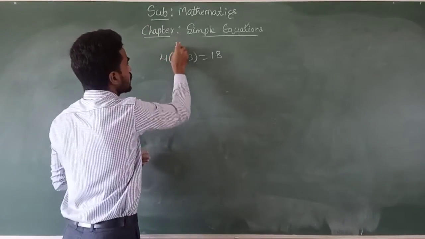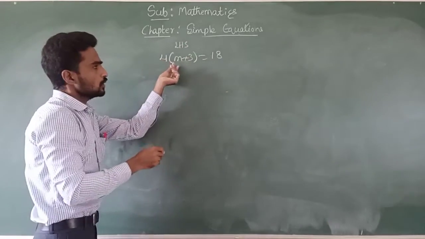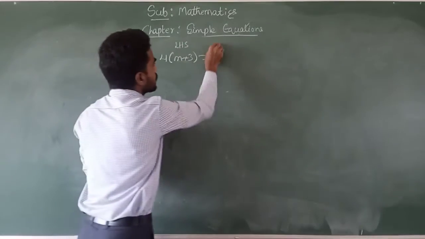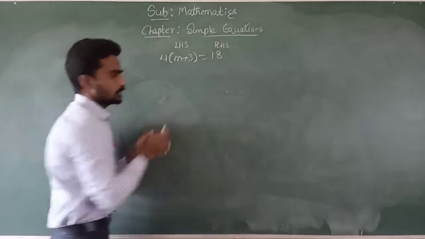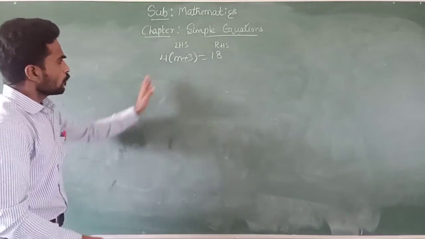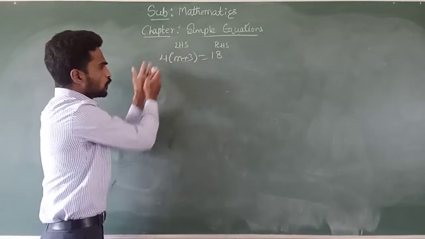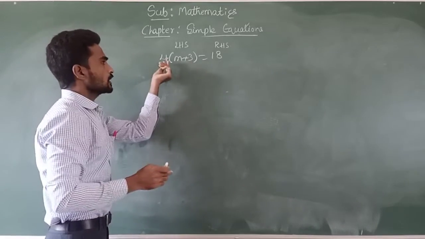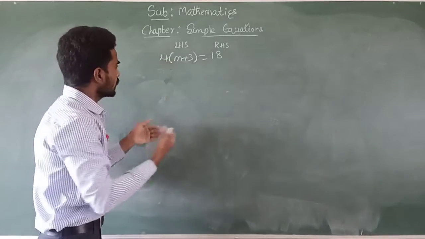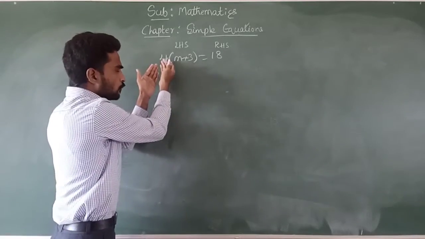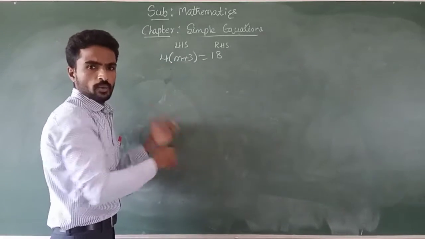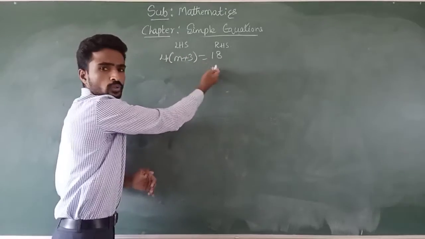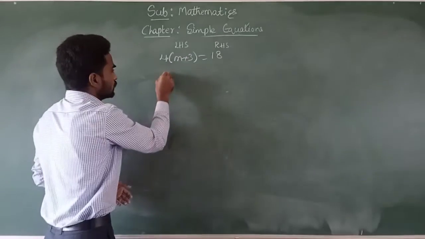The LHS is 4 into m plus 3 and the RHS is 18. Now, first, to cancel this 4, since multiplication is there between 4 and m plus 3, we can divide by 4 on both sides.